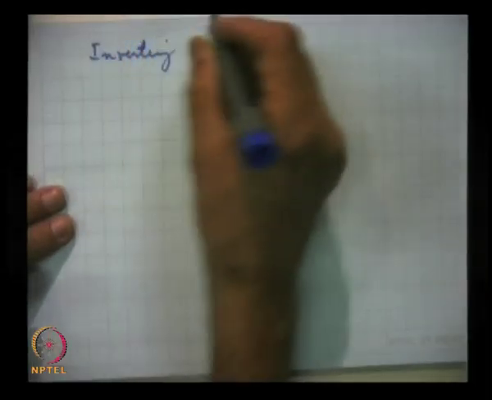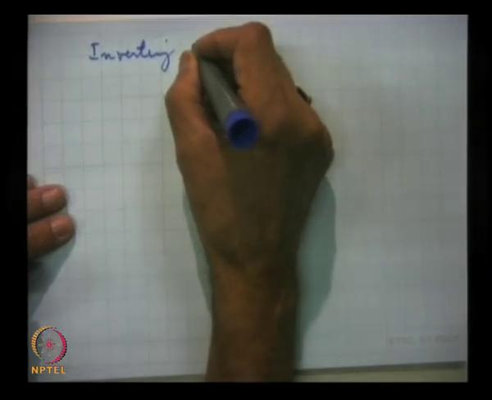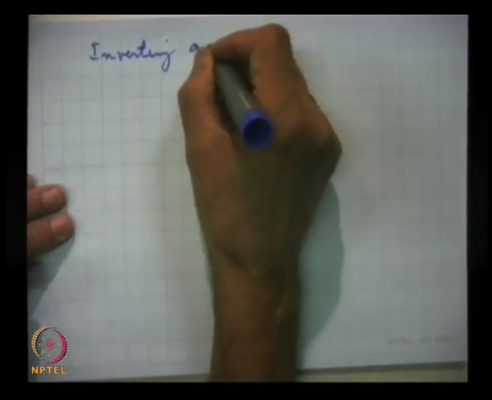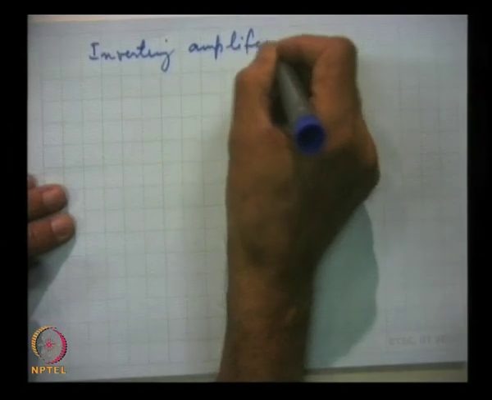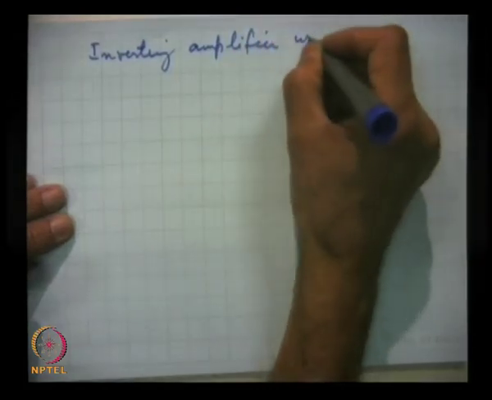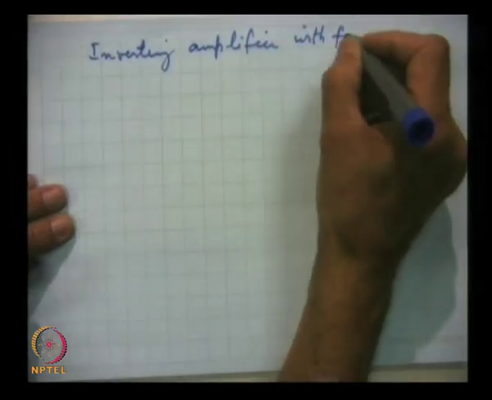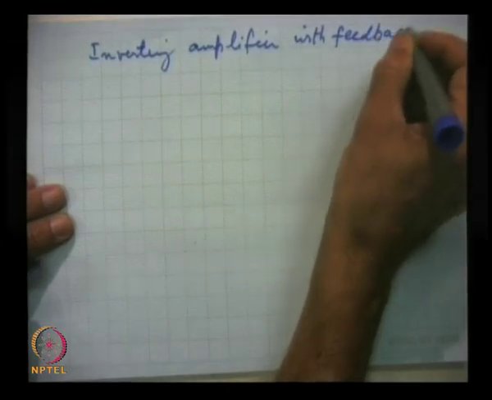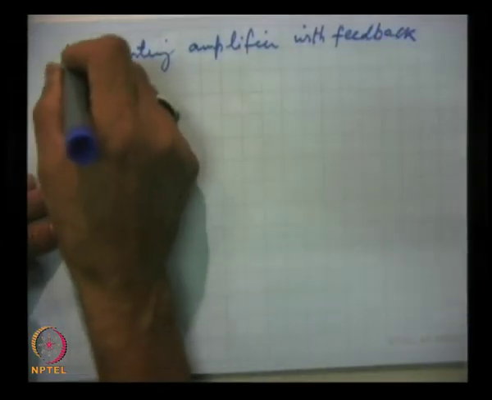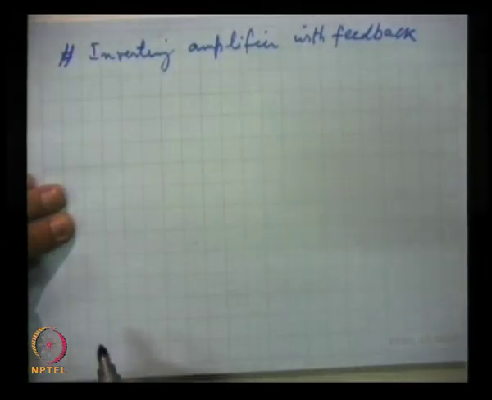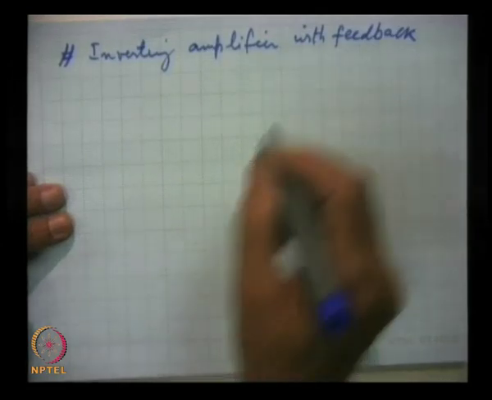Next is the inverting amplifier with feedback. Let us see the circuit. The circuit is this.